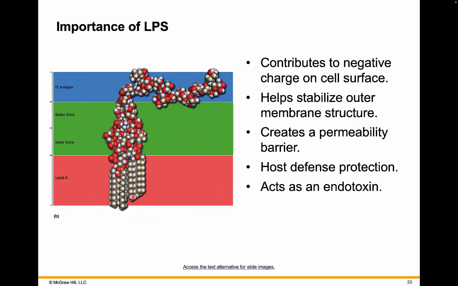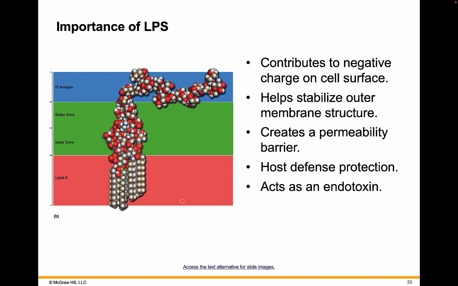So here is the structure again. You have the lipid A, then you have the inner core, which is the N-acetylglucosamine, and then you have this outer core, which is the KDO and the heptuloses, and then you have this O antigen, which can be many different types. And these contribute to the negative charge on the cell surface, help to stabilize this outer membrane structure, form a permeability barrier and defense protection, and act as an endotoxin.